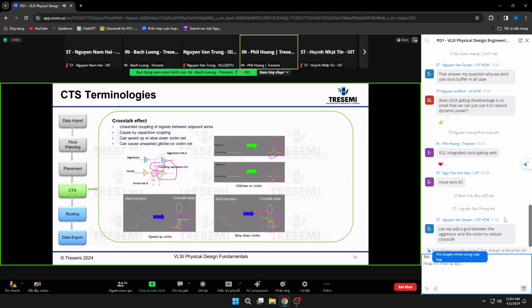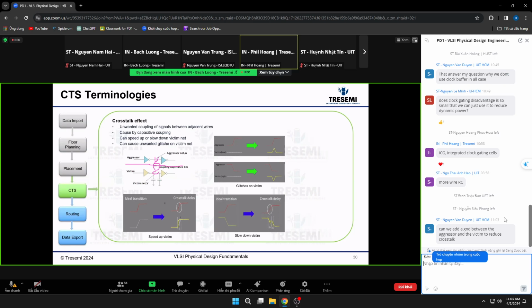The fixing involves separation of these two to minimize the cap, or, as you mentioned, shielding with ground and VDD, so you isolate the aggressor from the victim and don't have a coupling cap between them, right?